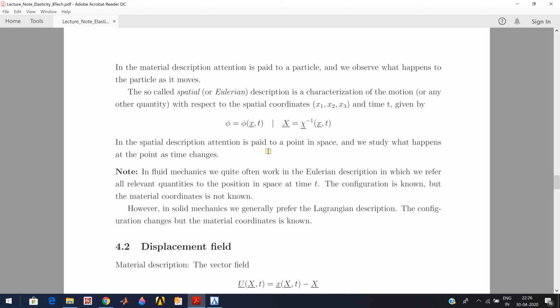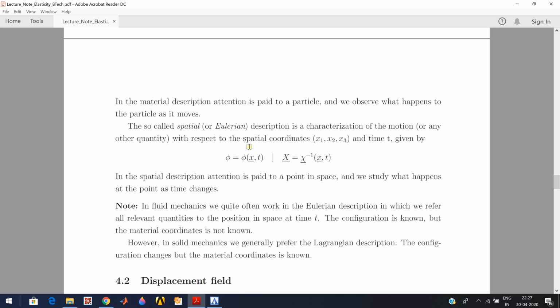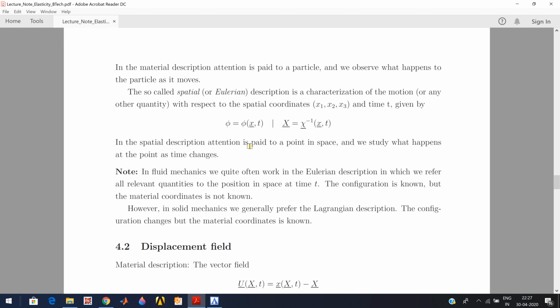So to give one example where you can understand these two descriptions, let us consider you are traveling in a car, and that car has a number plate, which will be a fixed number plate.